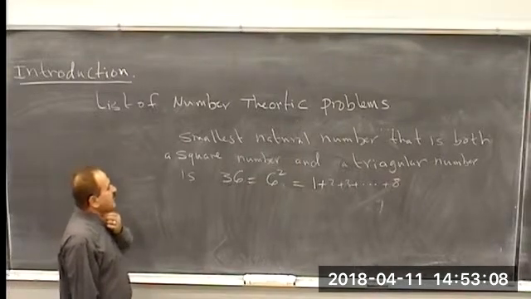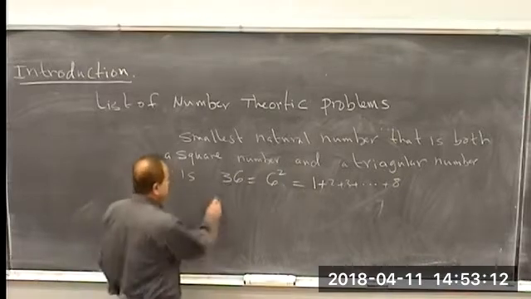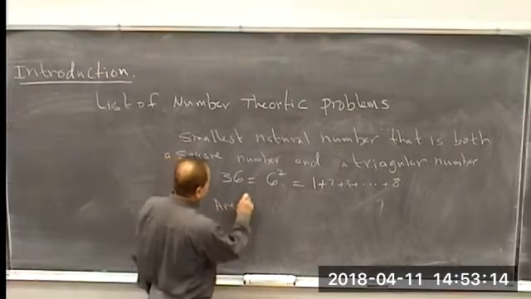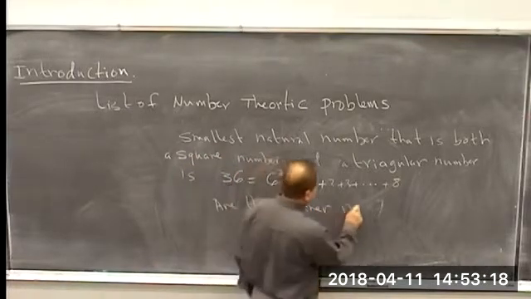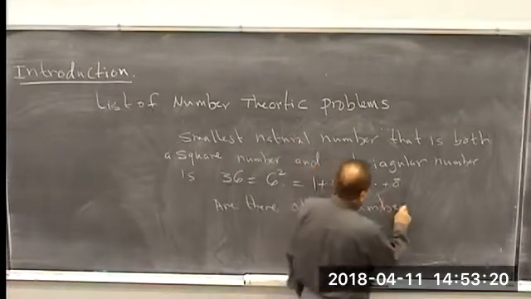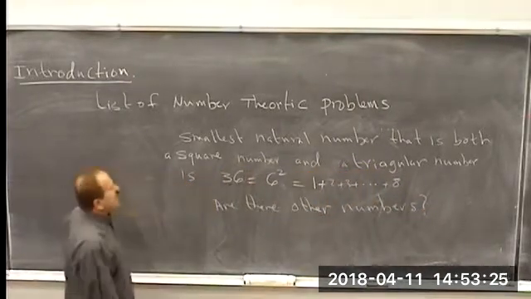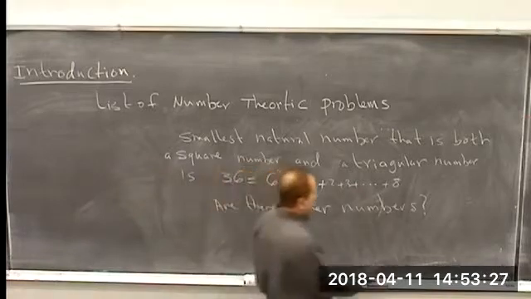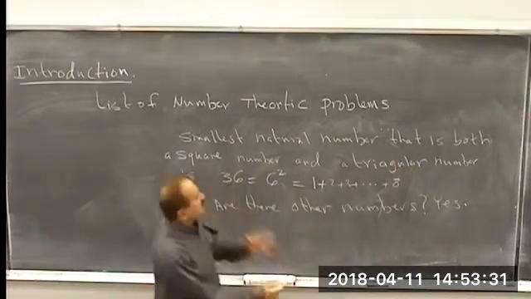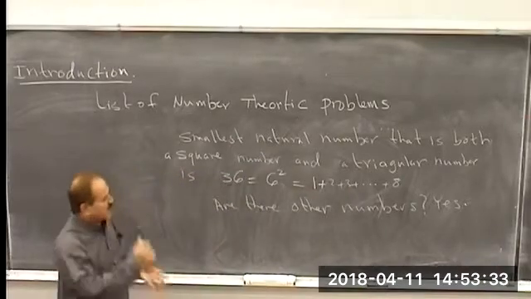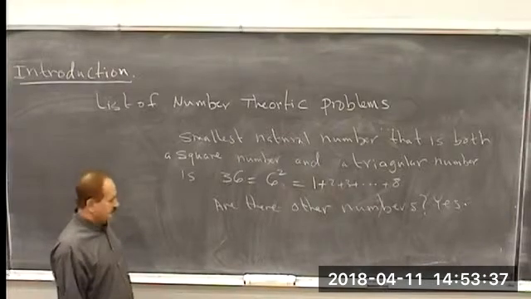Then the question is, are there others? Other numbers that are both a square and a triangle? Of course, the answer is yes. And the question is, can we classify these? Can we tell when a number is both a triangular number and a square number?